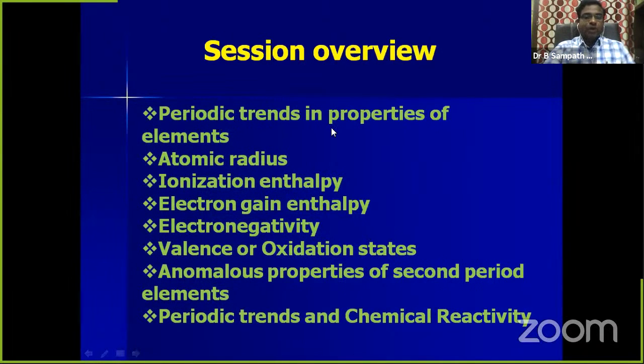Periodic trends in properties of elements: atomic radius, ionization enthalpy, electron gain enthalpy, electronegativity, valency or oxidation states, anomalous properties of second period elements, periodic trends and chemical reactivity. So children, let us see one by one.